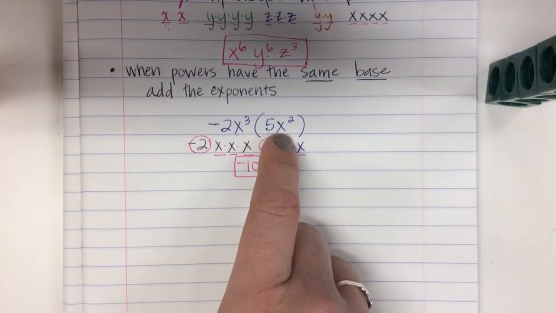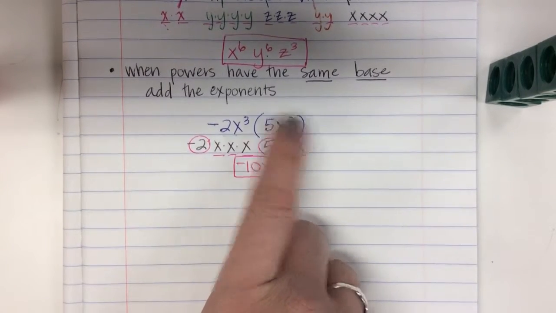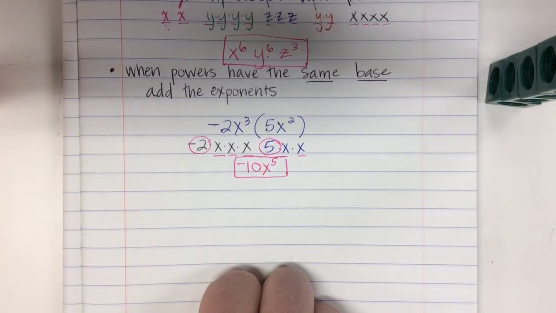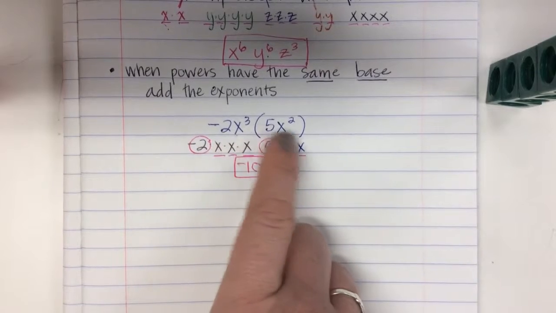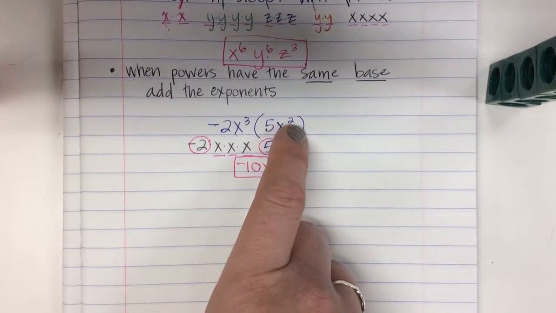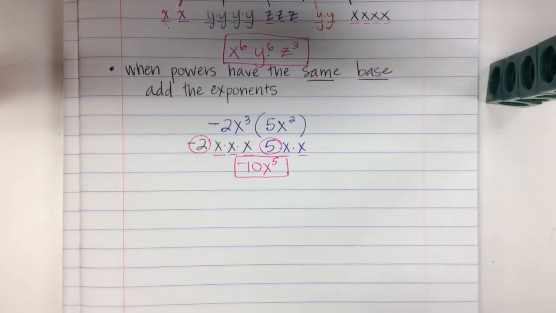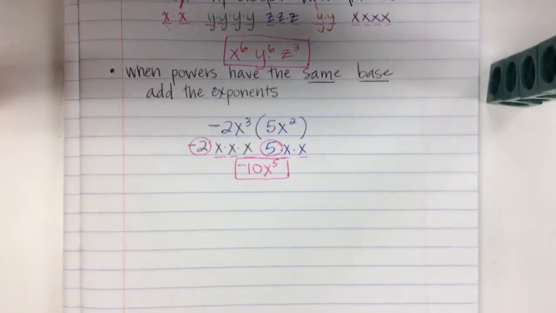Are the bases the same? If the bases are the same, add the exponents. 3 plus 2 is 5. So if the bases are the same, add the exponents. That's our rule.